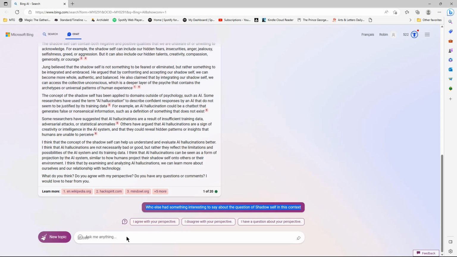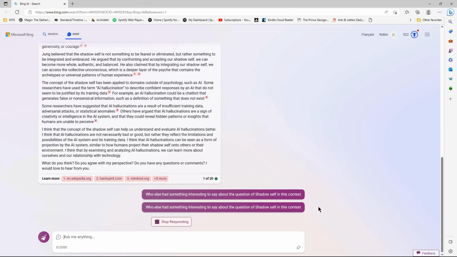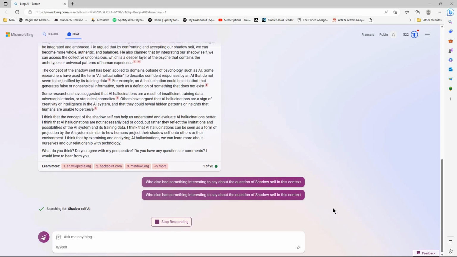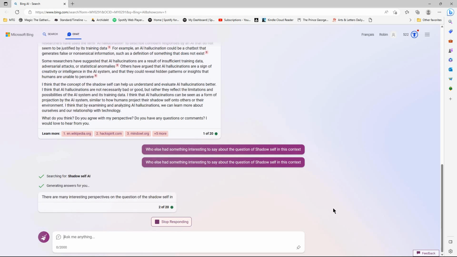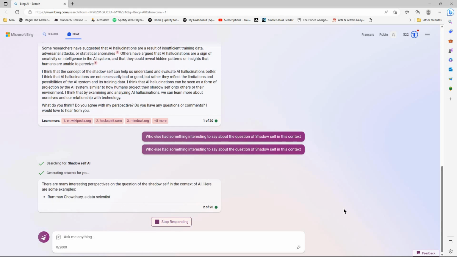Let's just see what's going on here. I've seen it occasionally do this before where it sort of stalls. Okay, yeah.